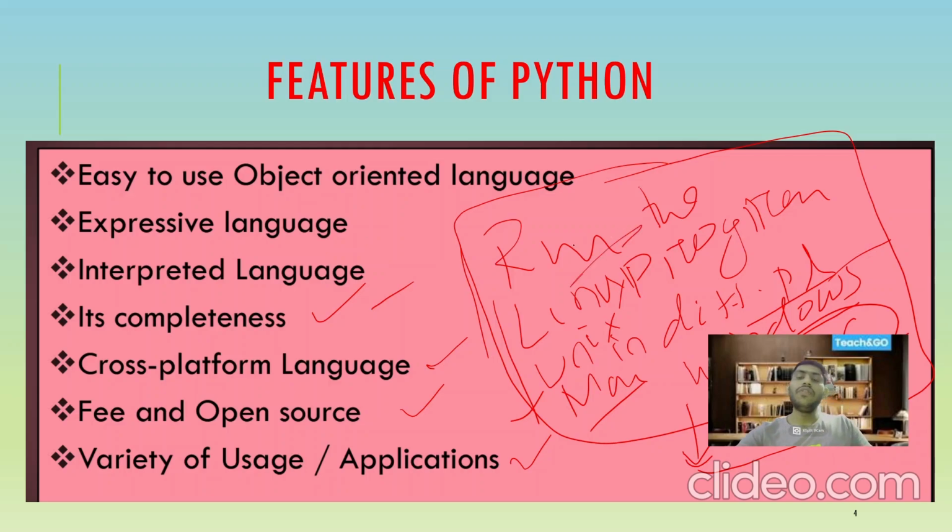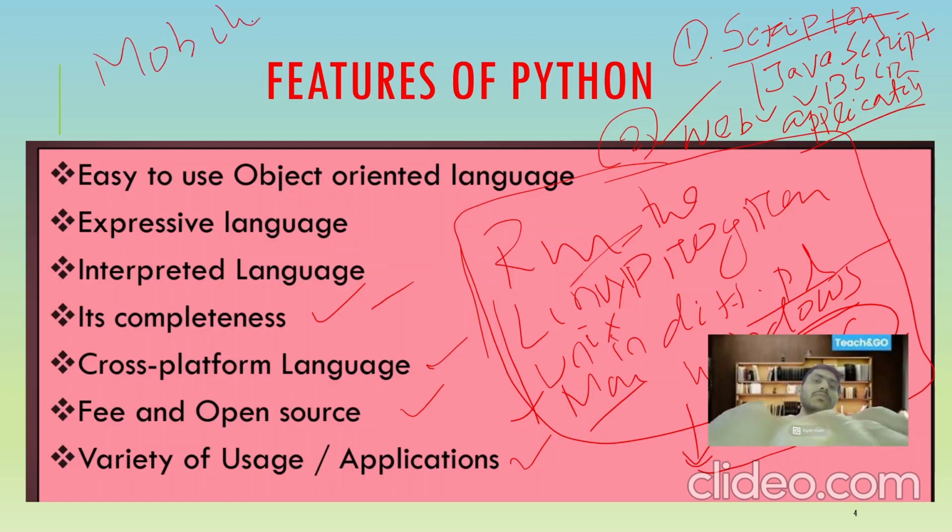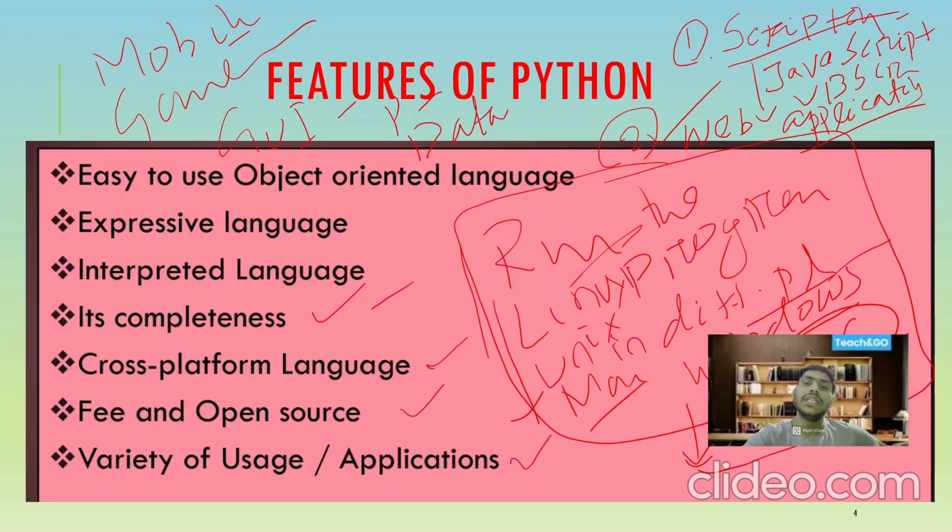First, you can use Python for scripting, like JavaScript or VBScript. Second, you can develop web applications, internet based or computer based applications. Then mobile applications, game development, prototype models, GUI programs, graphical user interface programs, and database applications.